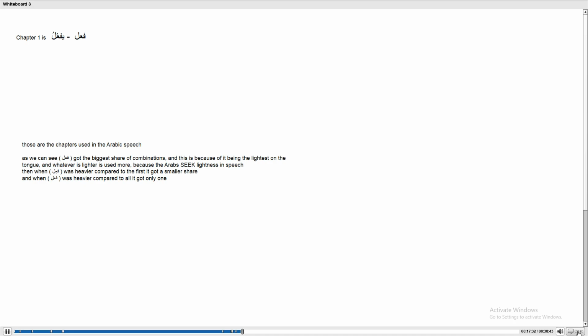Now there are common examples given by our scholars in their books to these chapters.